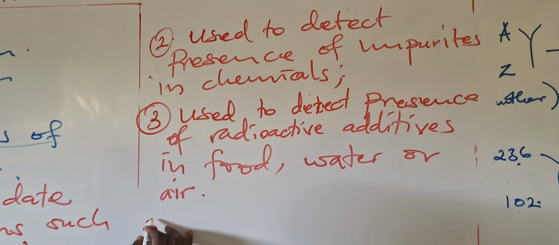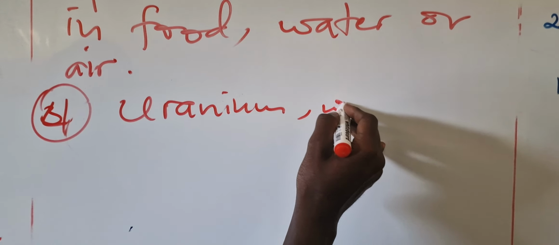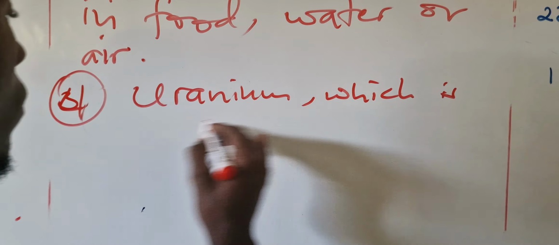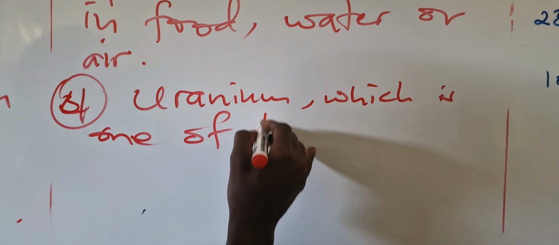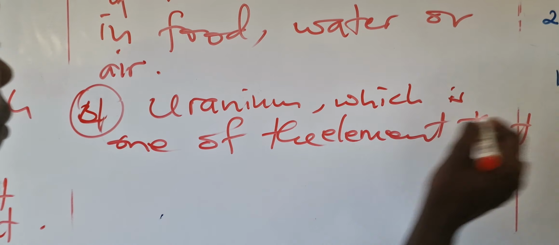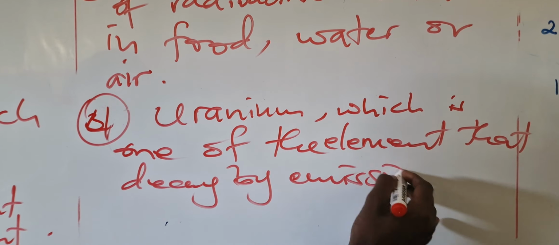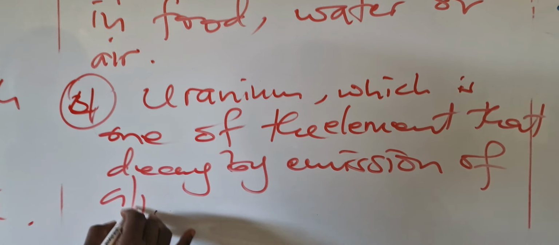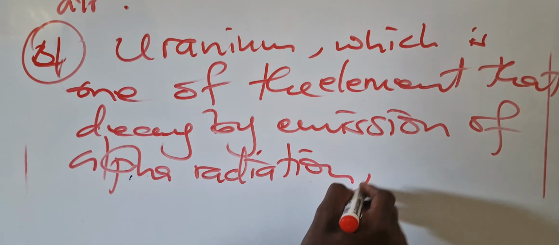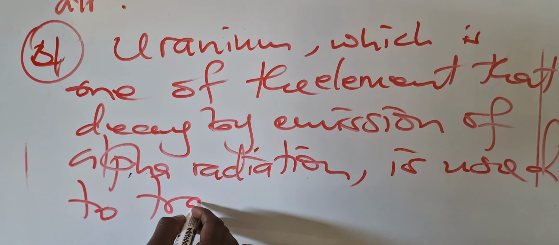We've ever heard that uranium, which is one of the elements that decay by emission of alpha, we know that it is used. We've ever heard about this.